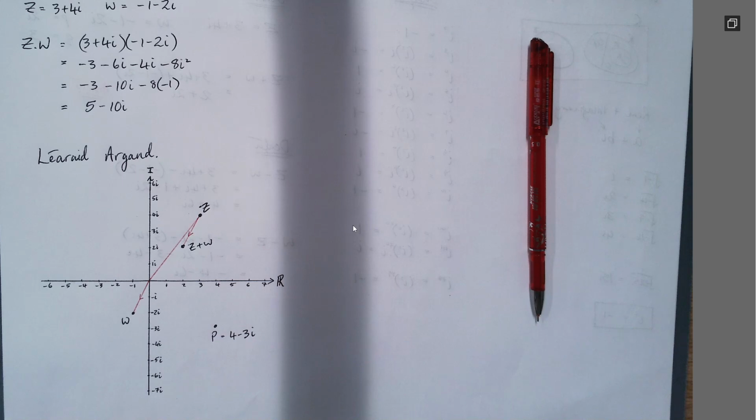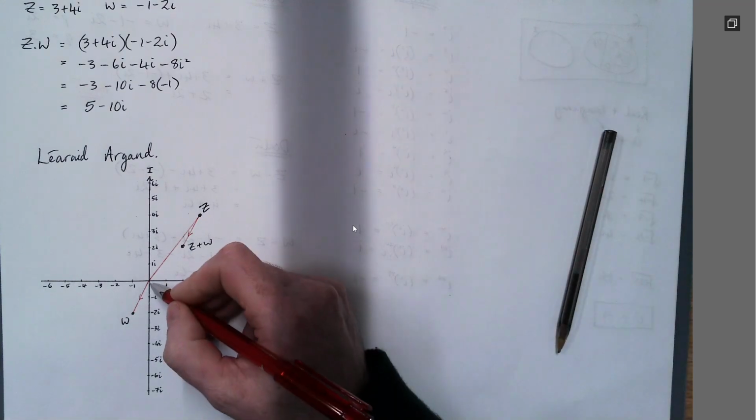Okay, now let's just go through the Argand diagram. P plus Z, the coordinates P plus Z. Okay? So these are the center points.